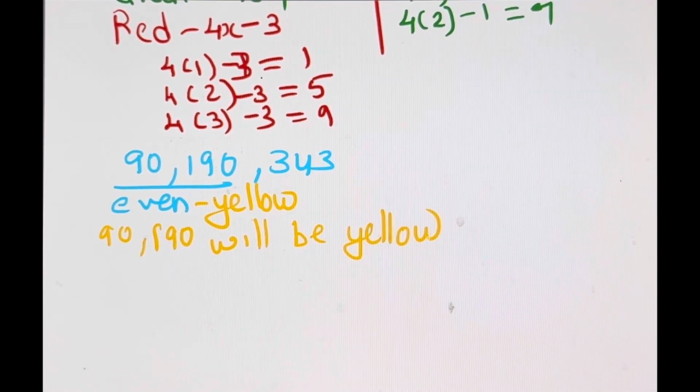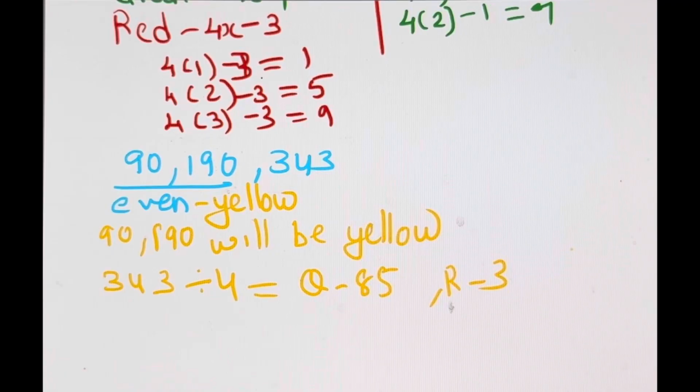Now we want to check for 343. So now if we divide 343 by 4, why are we dividing by 4? Because the pattern is repeating after 4, and the expressions which we found were also with respect to multiples of 4. So now when we divide 343 by 4, we get the quotient as 85 and remainder as 3, right?